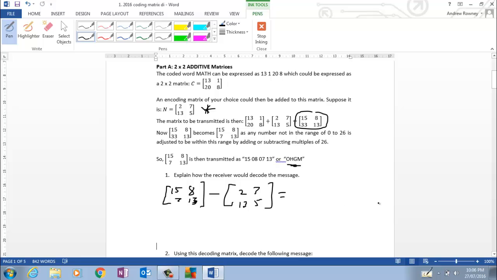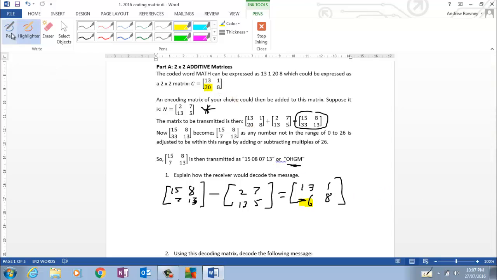Now when they do that, they're going to get the matrix 13, 1, minus 6, and 8. Now you can see we've got the original message apart from this number here, minus 6. So the original one was 20.